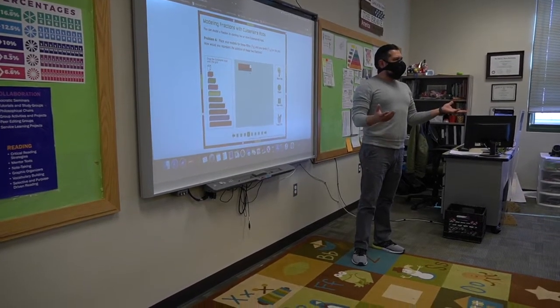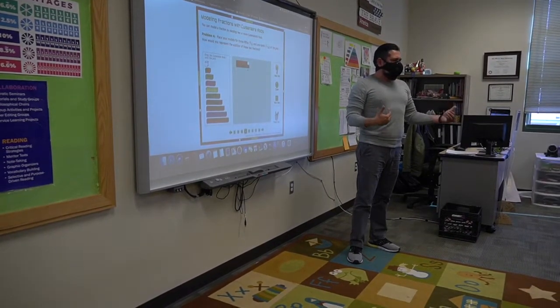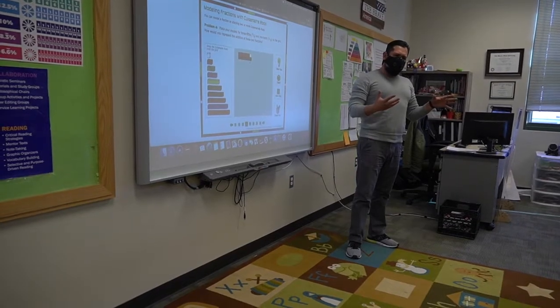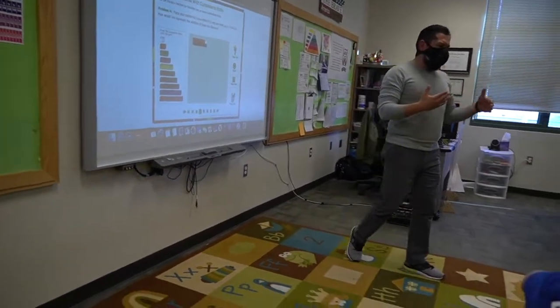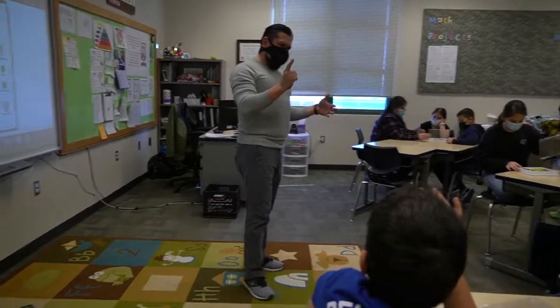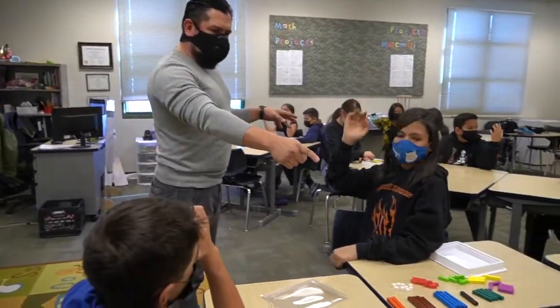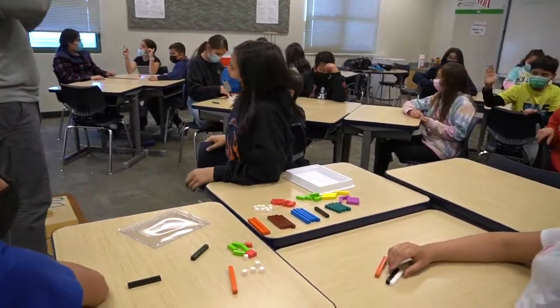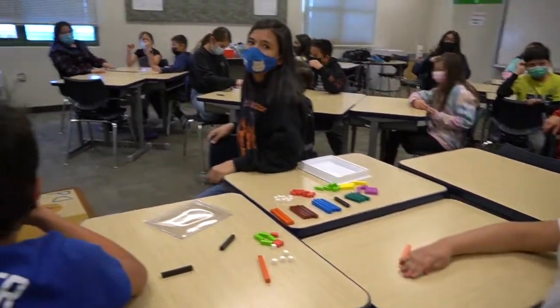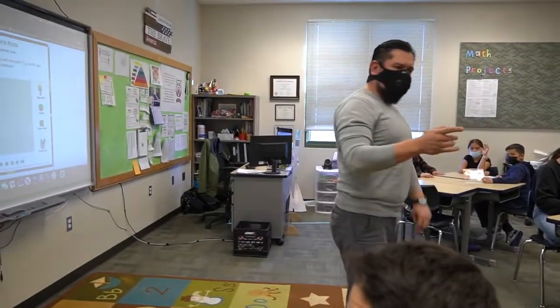But the question was, how much does the black rod represent? And that's where we kind of reached the roadblock, right? But I do notice that some teams have other rods that are up against the black rod. So I'm kind of curious.